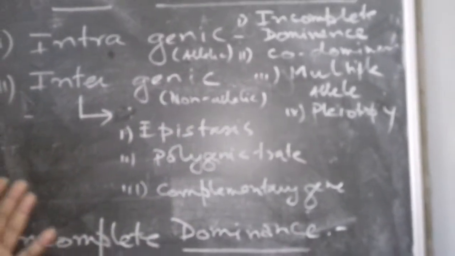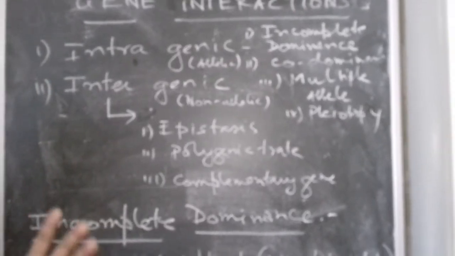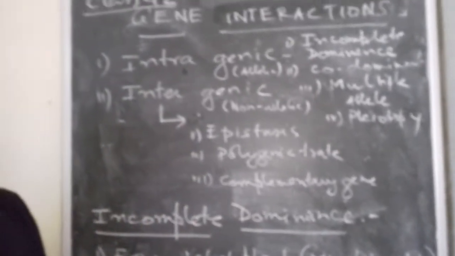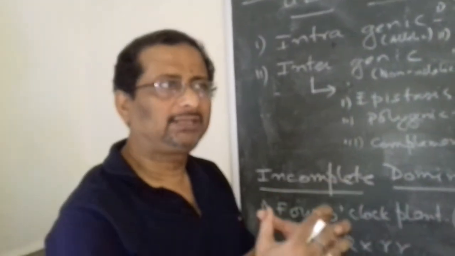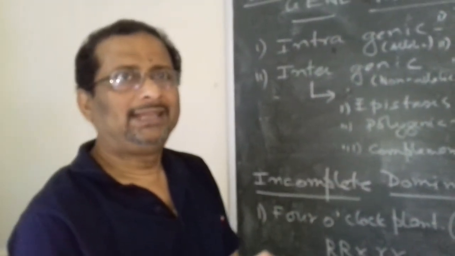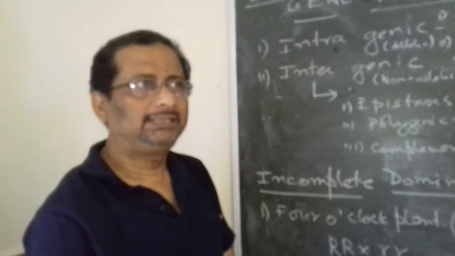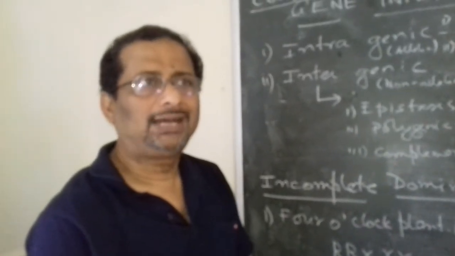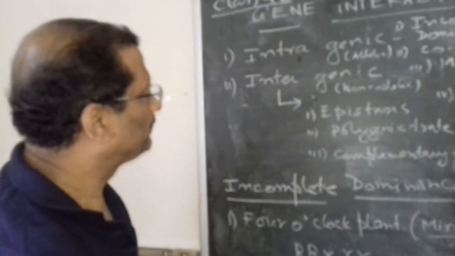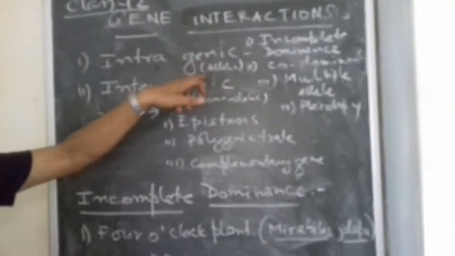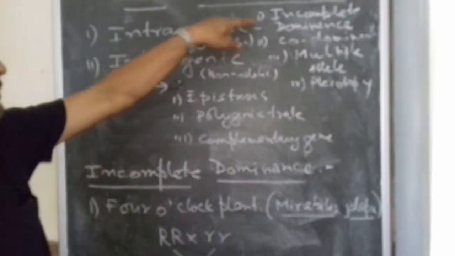Now this is generally found among the dihybrid cross, where two different non-allelic genes interfere among themselves and give certain characters which are not in accordance with Mendel's law. Now, in intragenic gene interactions, what are the examples?